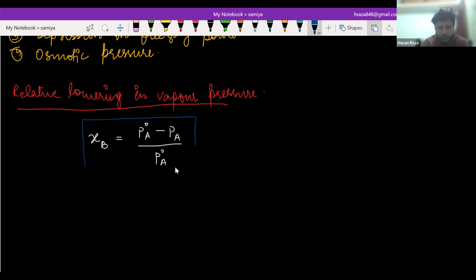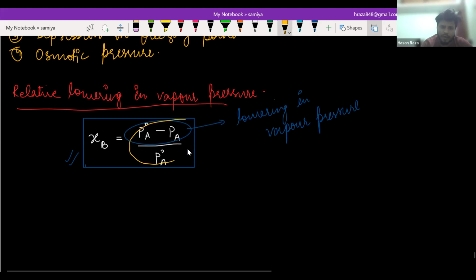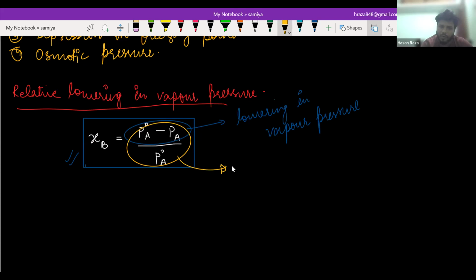This is the mole fraction of solute, and this is the formula for relative lowering in vapor pressure. I told you that only the numerator part is called lowering in vapor pressure, but when we divide it by the original pressure, we get the relative lowering in vapor pressure, also known as RLVP.